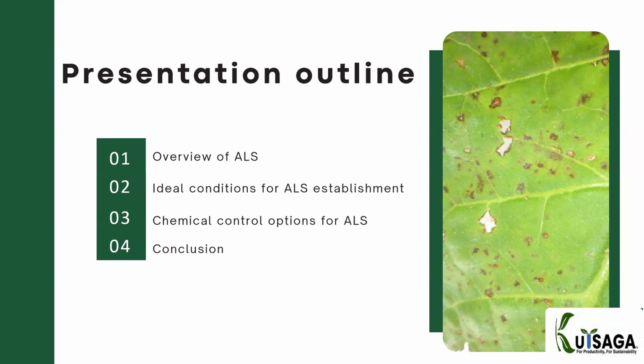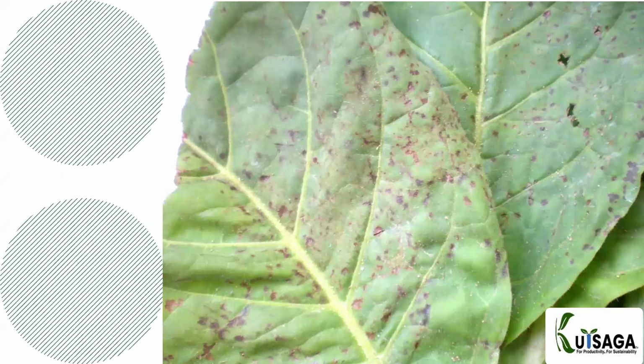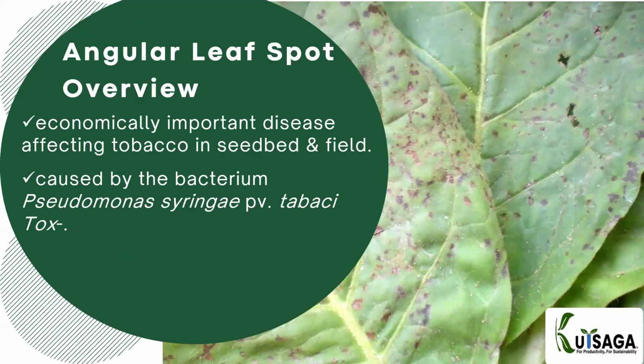So angular leaf spot is a bacterial disease caused by Pseudomonas syringae pathova tabaci. And this angular leaf spot is caused by a non-toxin producing bacteria. There is also a toxin producing bacterium which causes what is called wildfire.